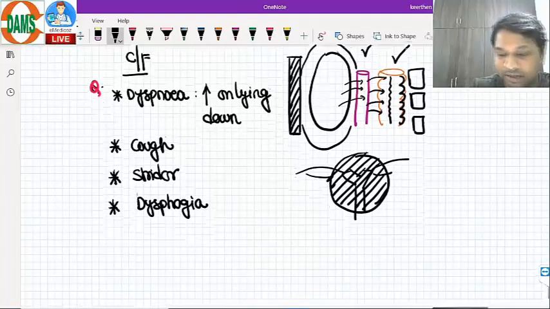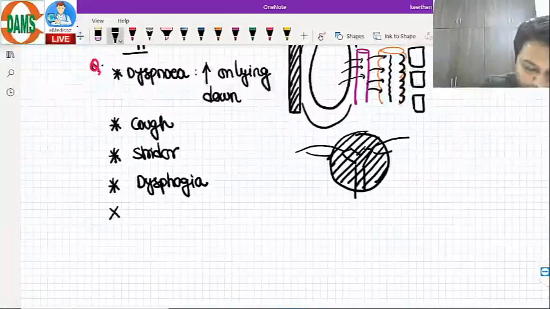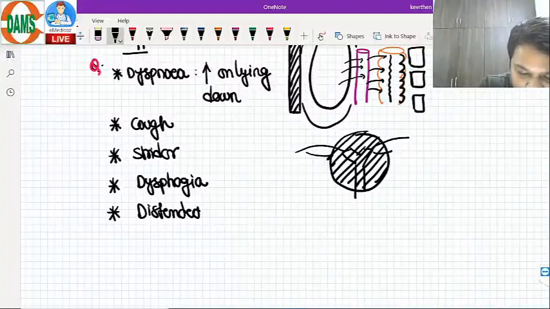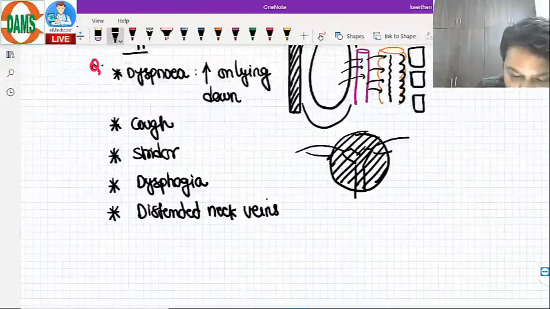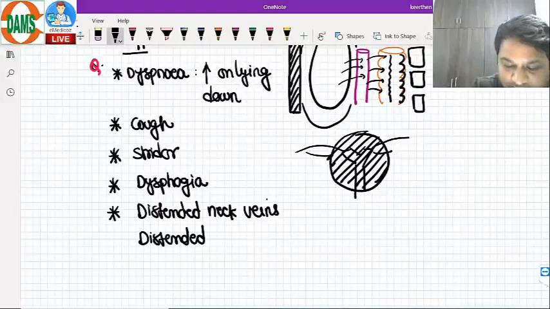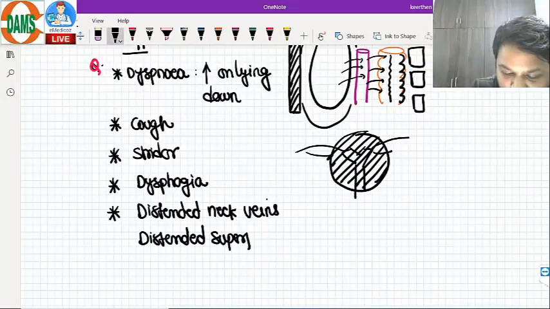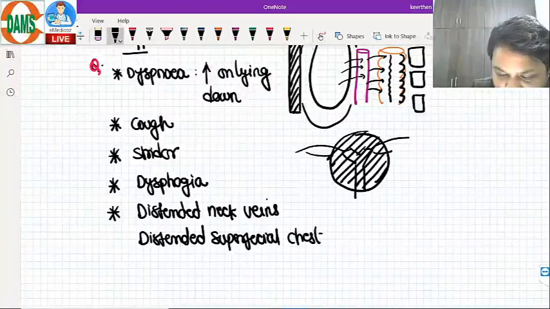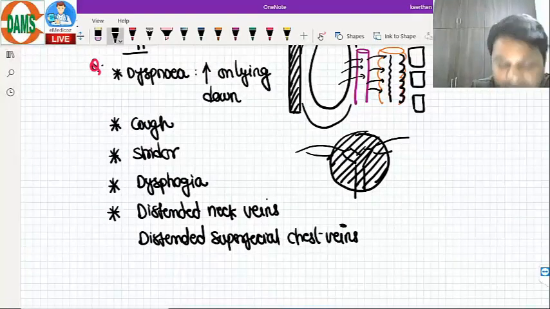As the thoracic inlet gets compressed, the patient is going to have distended neck veins as well as distended superficial chest veins, because of obstruction to drainage into the superior vena cava.